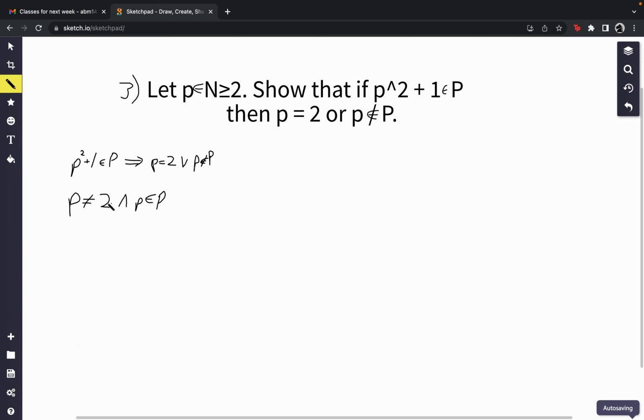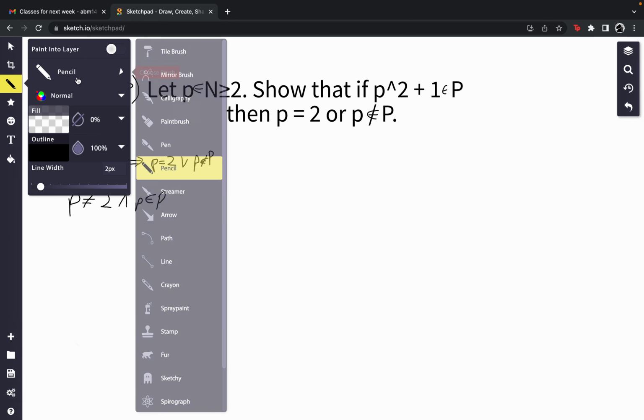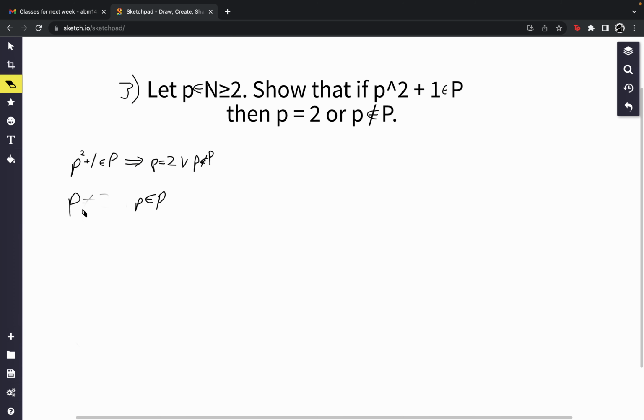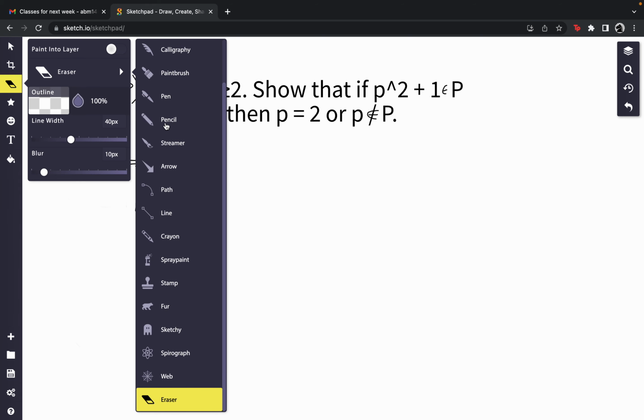P is not 2 and P is prime. So basically P is prime, and we know that 2 is a prime number. So we're just saying that P is a prime number that's not 2. And we could actually even simplify this. This whole statement is the same as if we were to say P is a prime that's greater than 2.